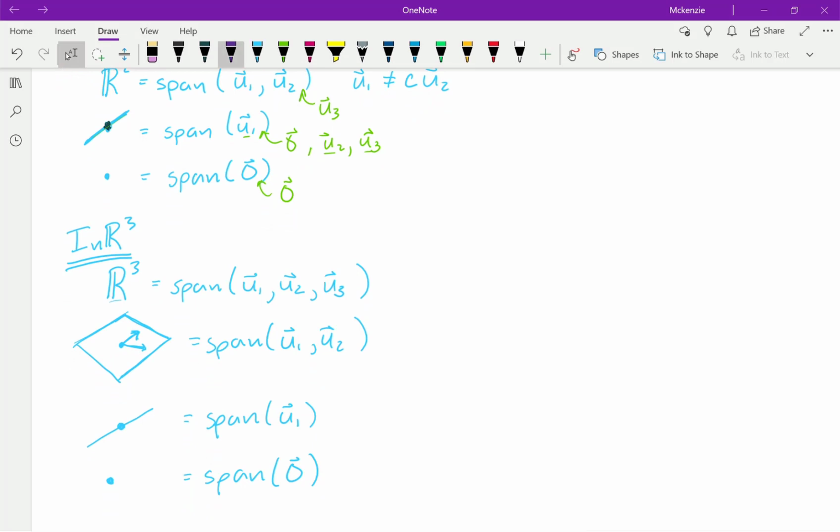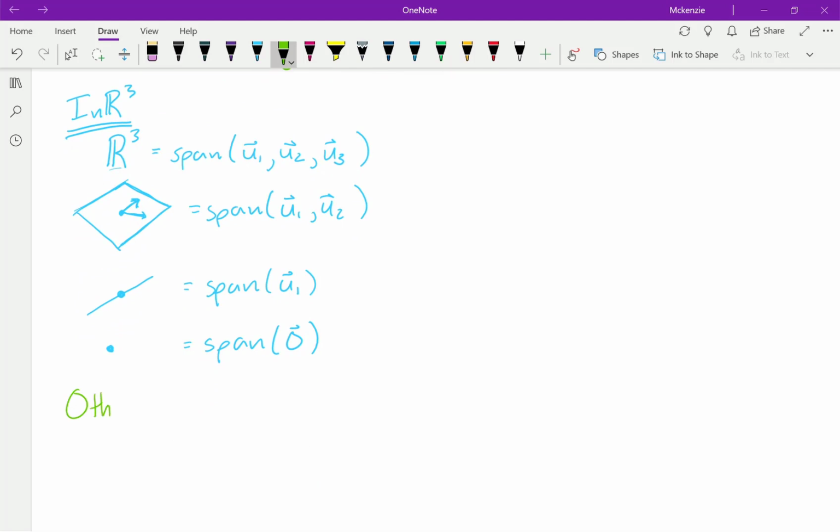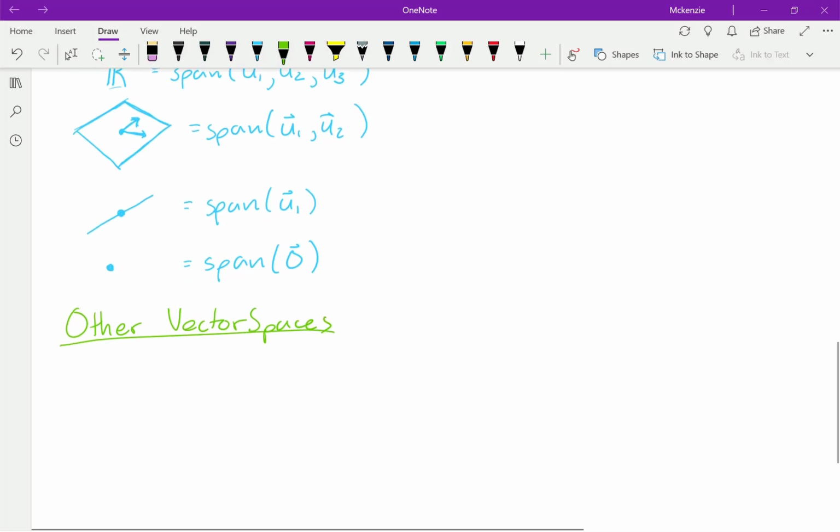So, on the other hand, let's take a look at other vector spaces, which are totally possible. Alright, so let's take a look. What is the span of 3 plus x, 2x minus x squared in the polynomial vector space of up to 2 dimensions?